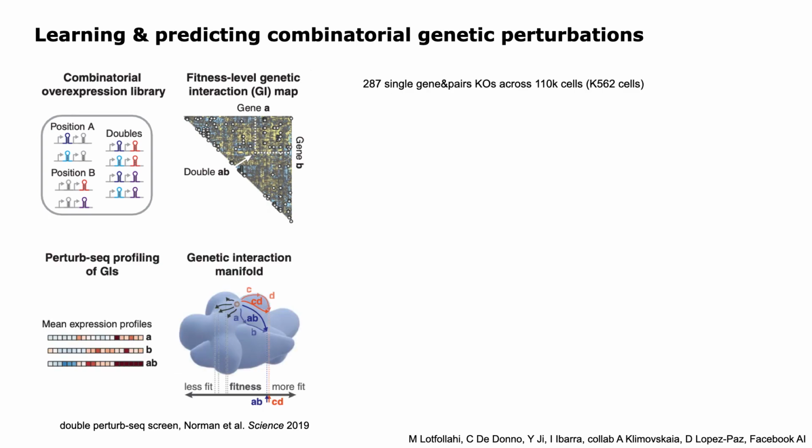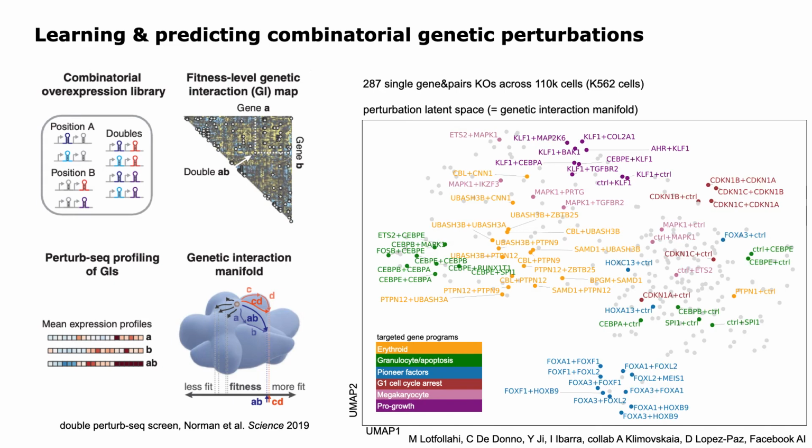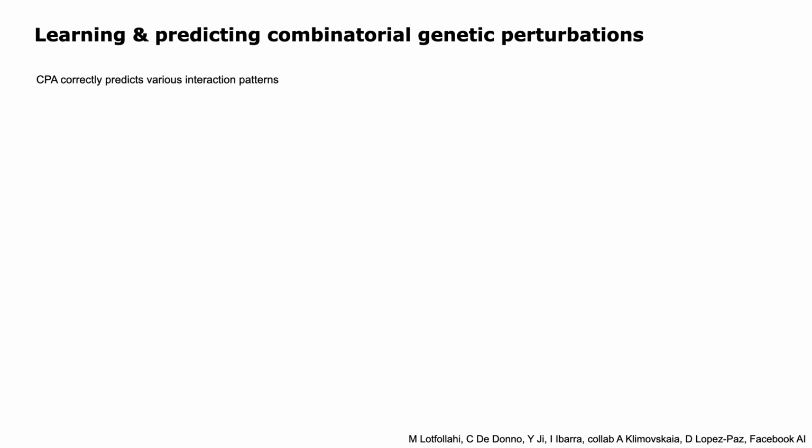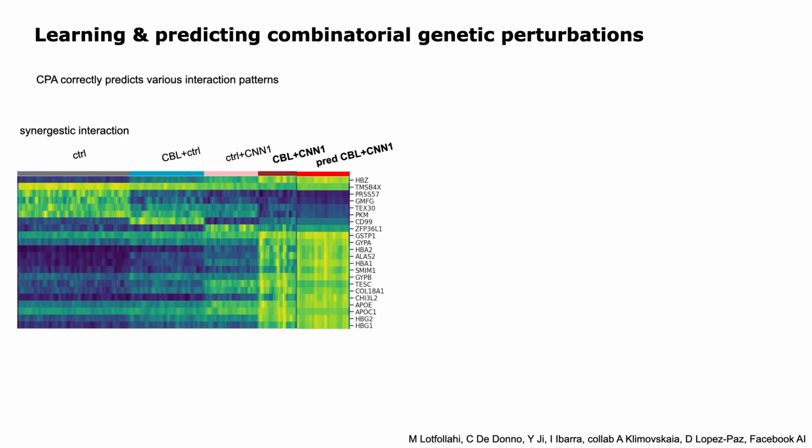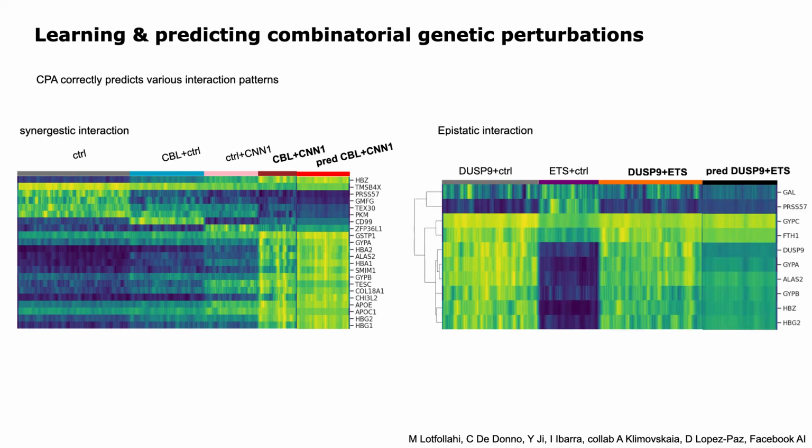In the second example, we applied our model to a single-cell knockout experiment with genetic knockouts, with 287 single and pairs of knockouts. Here is our genetic manifold, the knockout latent space. You can see that the model grouped similar knockouts inducing similar gene programs into close-by clusters. Similar to before, we held out a double knockout that has synergistic effects, and we showed that the model can predict these synergies.